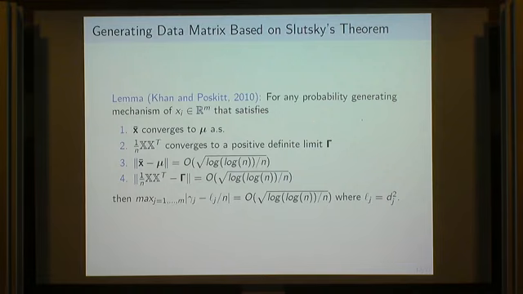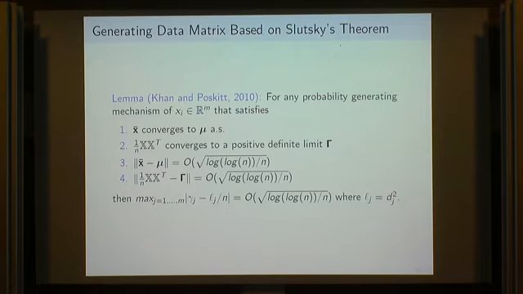So the probability generating mechanism xi of an m-dimensional vector satisfies that the sample mean converges to mu, and the sample covariance converges to a positive definite matrix in the limit. This is the Gramian gamma. It also holds that the norm is of the order of square root of log n by n. As n goes to infinity, this goes to 0, this goes to 0, and this also goes to 0.